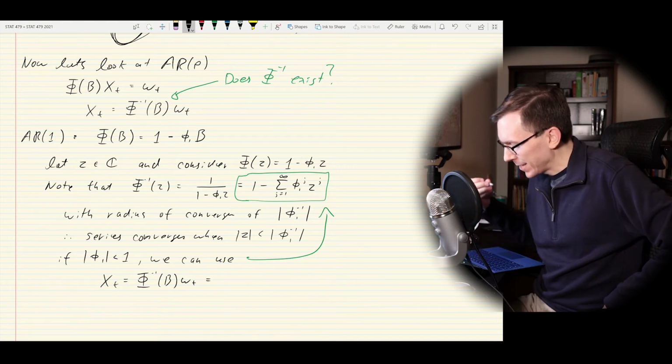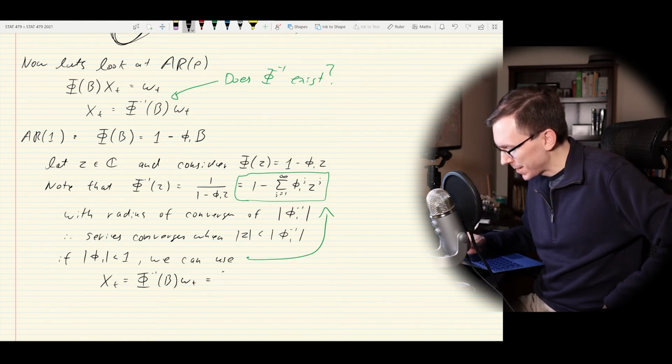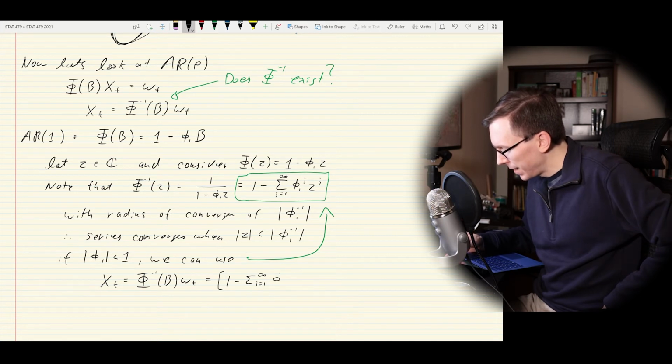And if we have that convergence property, we can replace phi inverse with 1 minus the sum over j from 1 to infinity of phi 1 to the j, B to the j, applied to w_t.